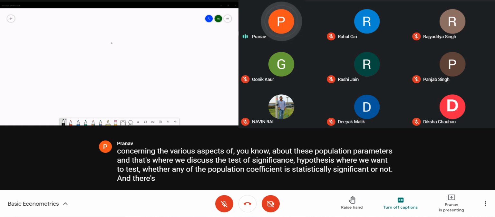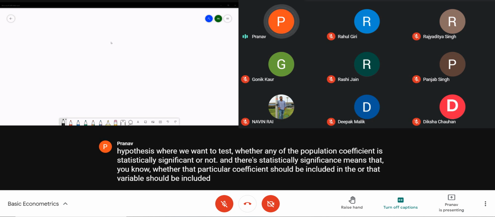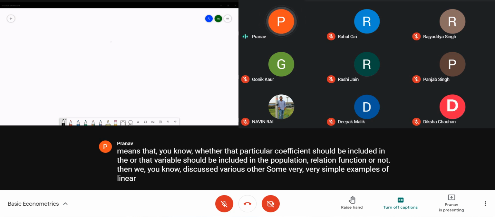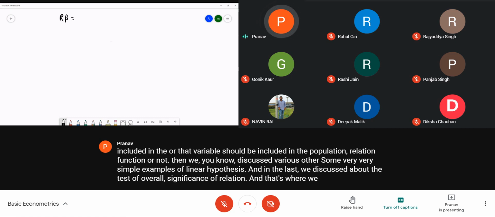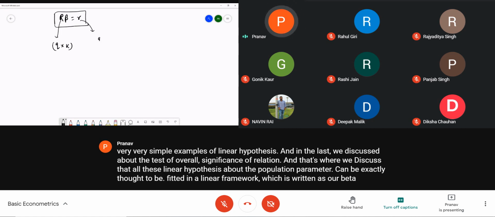Then we discussed some very simple examples of linear hypotheses, and in the last we discussed the test of overall significance of regression. And that's where we discussed that all these linear hypotheses about the population parameter can be thought of as fitted in a linear framework, which is written as R beta is equal to r, where R is a matrix of known constants having a dimension q by k, and r is a vector of known constants having a dimension q.